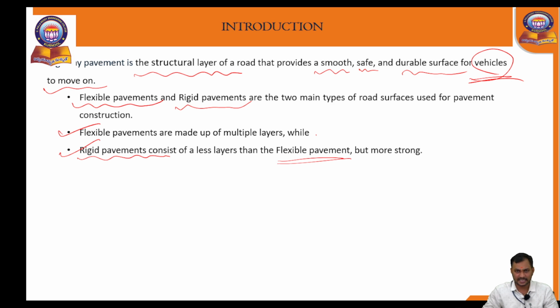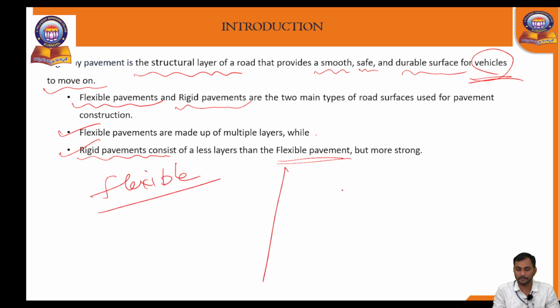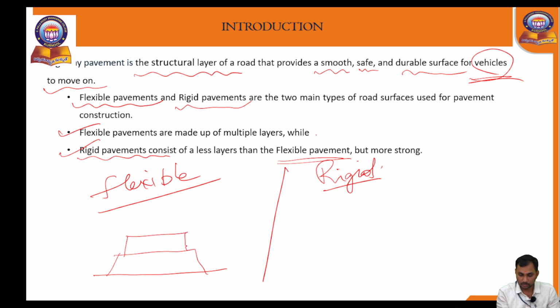Let us see an example of flexible pavement and rigid pavement. The flexible pavement has 4 layers: 1, 2, 3, 4.